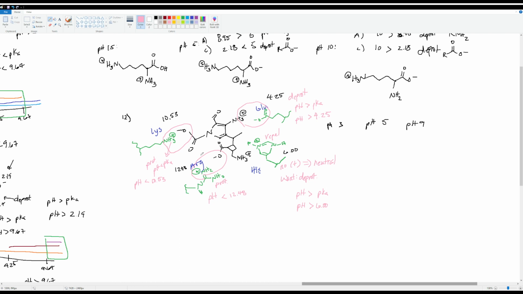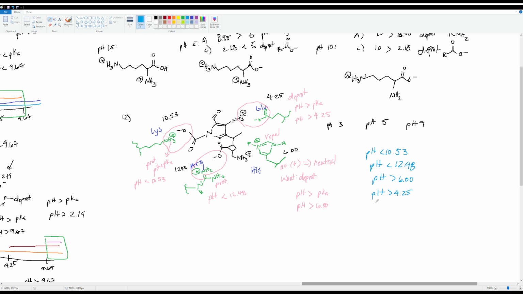Okay, so now we need to take all of this together. For best binding, we want our pH to be less than 10.53. pH needs to be less than 12.48. It needs to be greater than 6 and greater than 4.25.